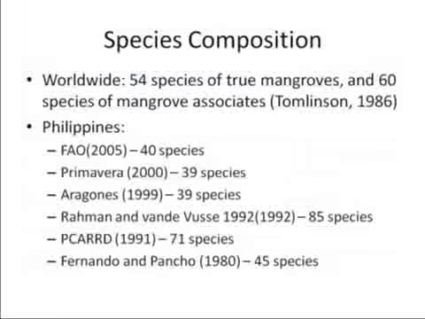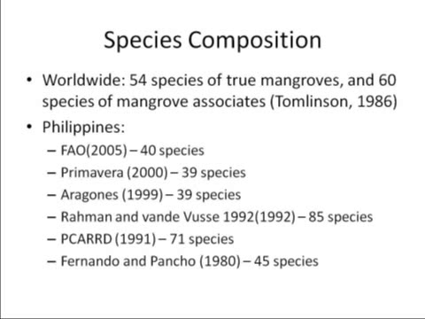Worldwide, there are about 54 species of true mangroves and 60 species of mangrove associates. In the Philippines, there are conflicting reports about the number of species present, ranging from 39 to 85 species. The latest report had it at 40 species.